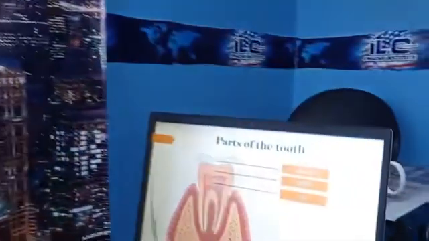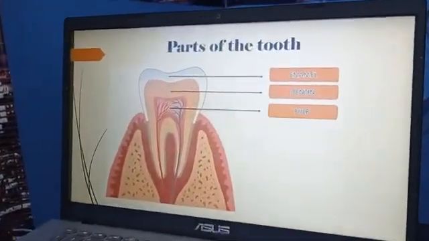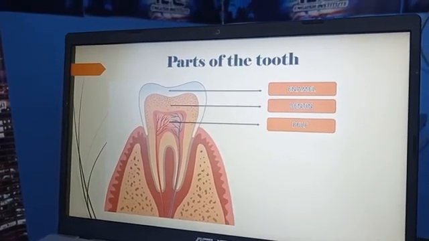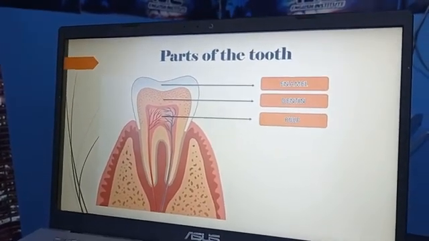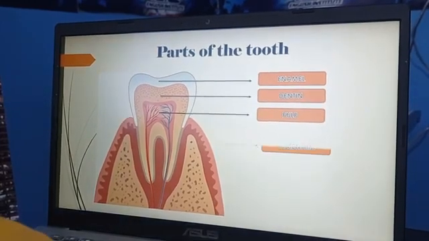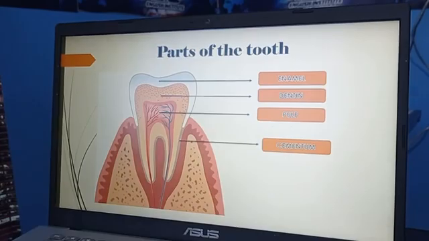The next part is the pulp. It's a soft tissue located under the dentine and it responds to stimuli such as pressure and extreme temperatures. The next is the cementum.